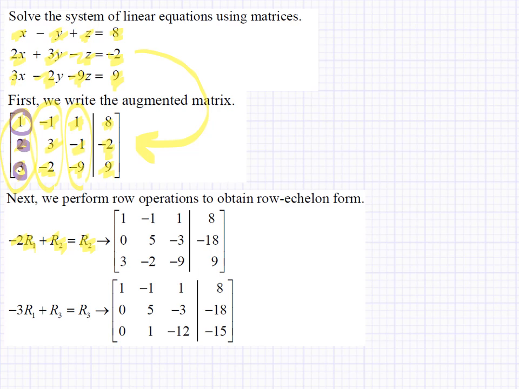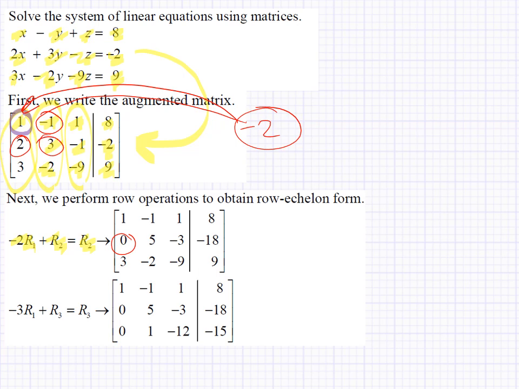So if I take negative 2 times this and add it to this, I'll get 0 here. But then I'll take negative 2 times this and add it to this. Well, negative 2 times negative 1 gives me 2. 2 plus 3 gives me 5.